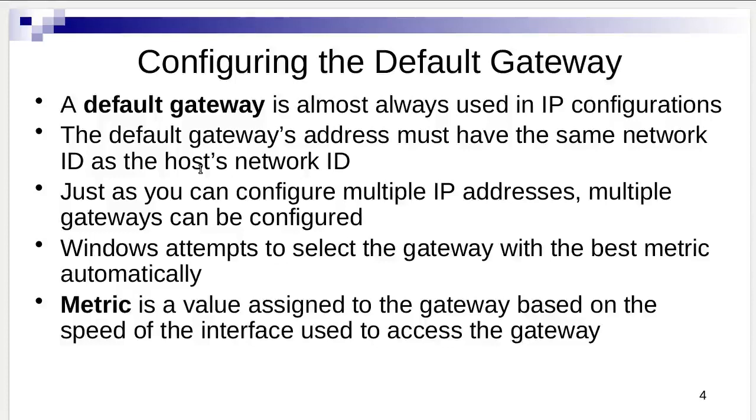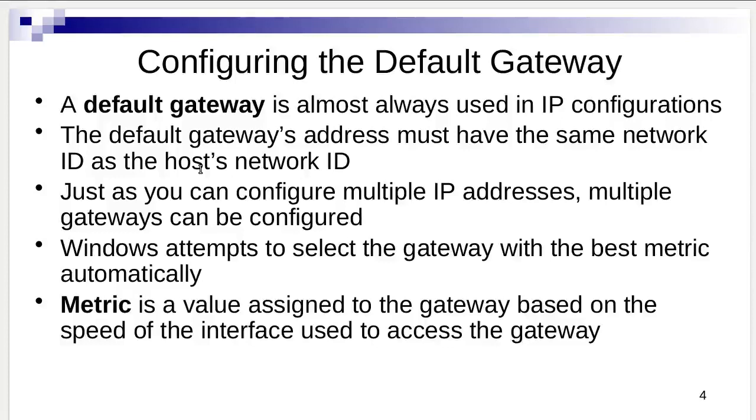Windows will automatically choose the gateway with the best metric. And so what is that? The metric just means a way to measure something, and the metric that Windows uses is the time, or you could also say the speed. How quickly can you access the gateway?